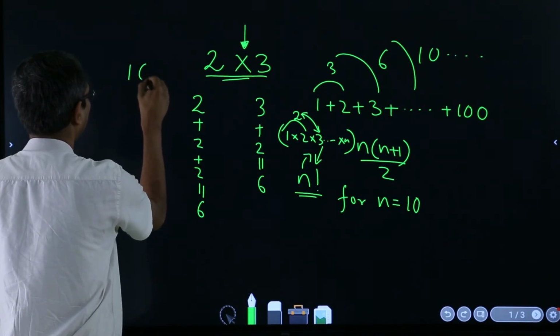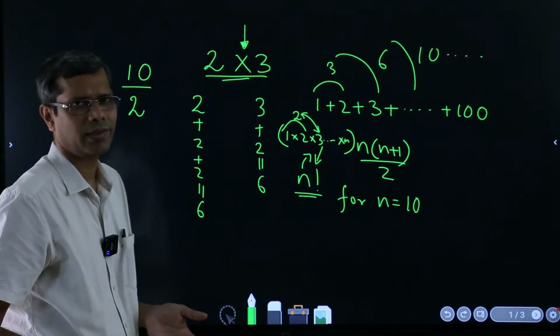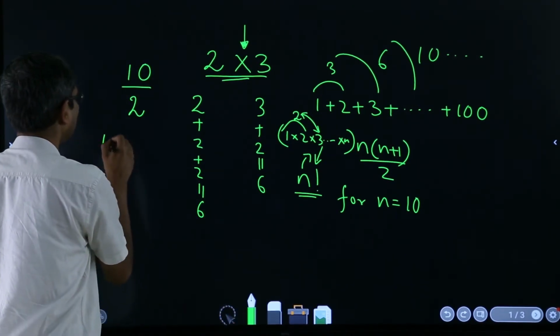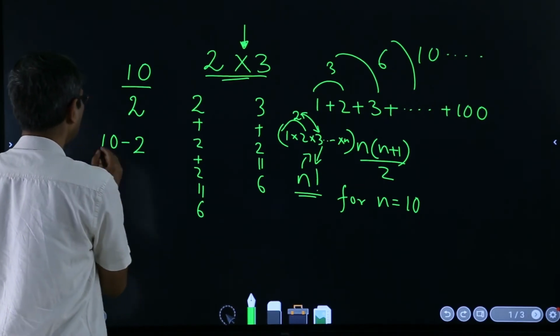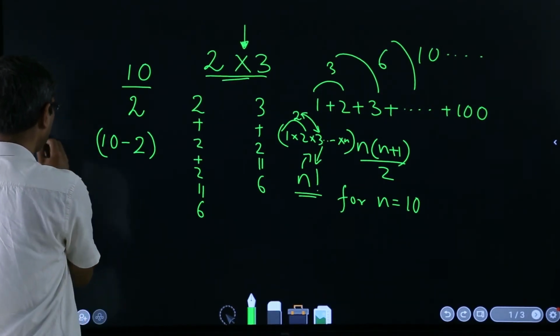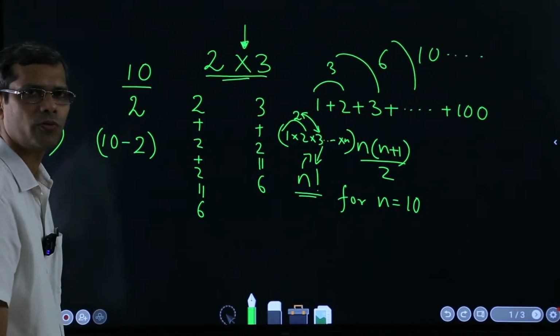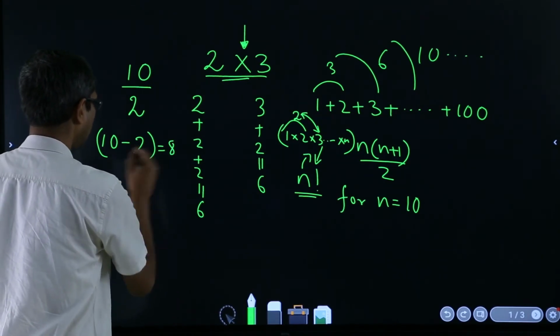Suppose I tell you 10 divided by 2. What are you basically doing? You subtract 2 from 10 and count 1. So you count the steps of the number of subtractions, and you are left with 8.